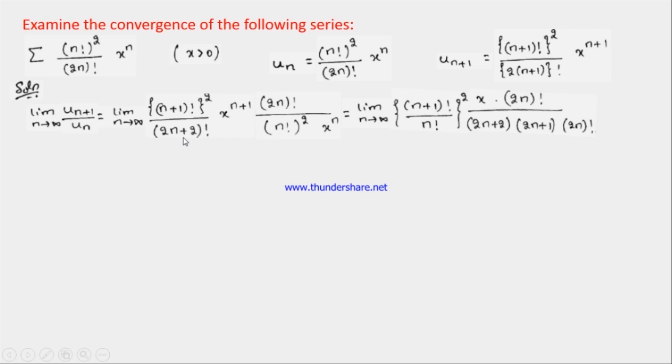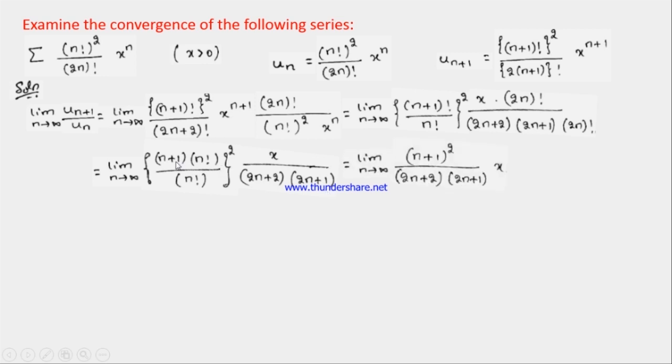Like if 7 factorial is there, I can write it as 7 into 6 into 5 factorial. So this is written as 2n plus 2 into 2n plus 1 into 2n factorial. Now this 2n factorial cancels, and this can be written as n plus 1 into n factorial. So this n factorial and n factorial will get cancelled into x divided by 2n plus 2 into 2n plus 1.